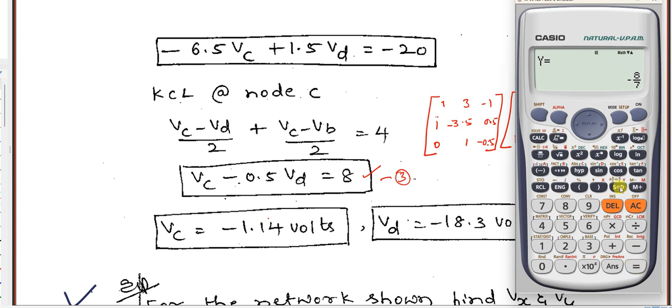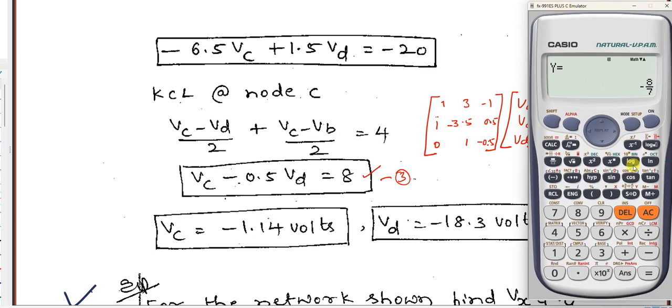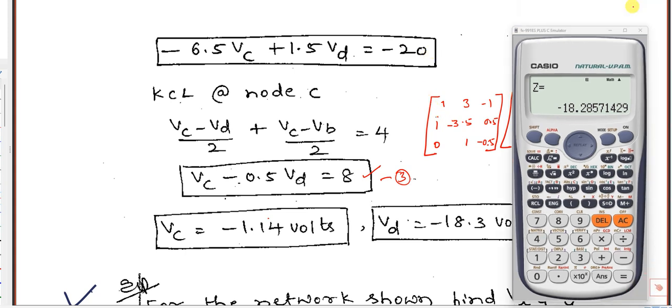The three unknown variables are VA, VC, VD. Next VC is minus 1.14. We are getting the same answer. And VD is minus 18.3, or 18.28. So this answer you can easily get. It is an important question.